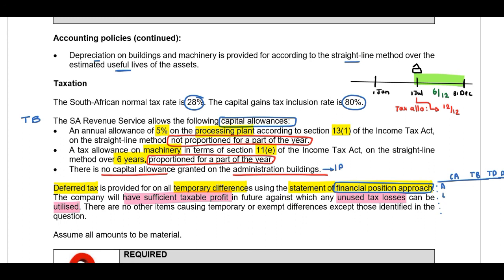Now, the reason why they provide you with this sentence here is, should there be a deferred tax asset, we may recognize this because there will be future economic benefits to be able to use that asset. And you will understand this if you watch the YouTube video that I have provided you with in the Teams meeting, as well as my UNISA, in terms of a revision of IAS 12.